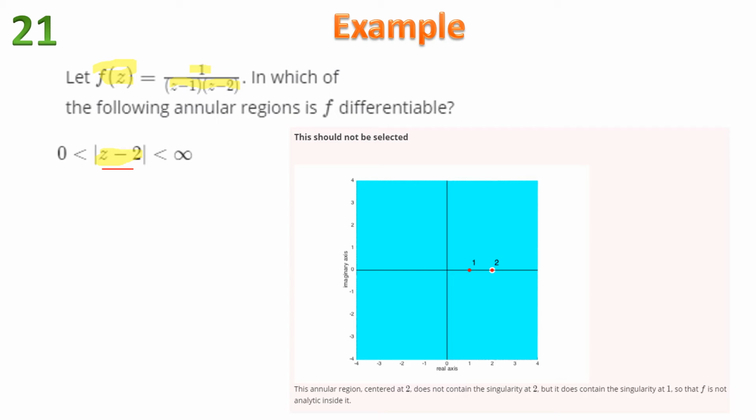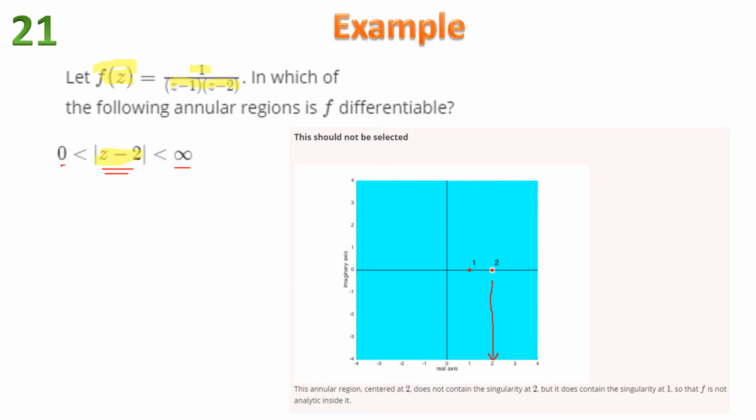So this is the point for which the real coordinate is 2. So we have to consider a circle which is centered around z equal to 2 and it lies over the entire spectrum 0 to infinity.